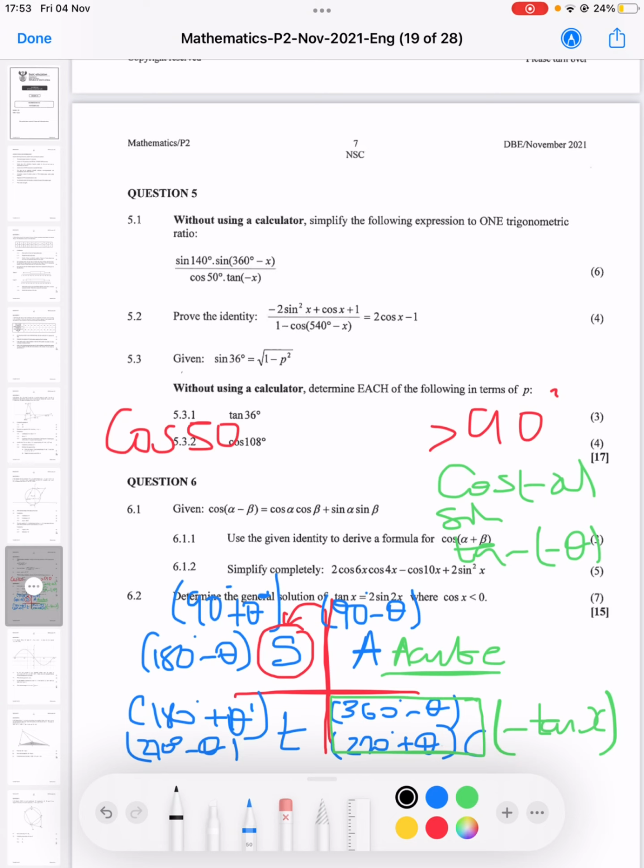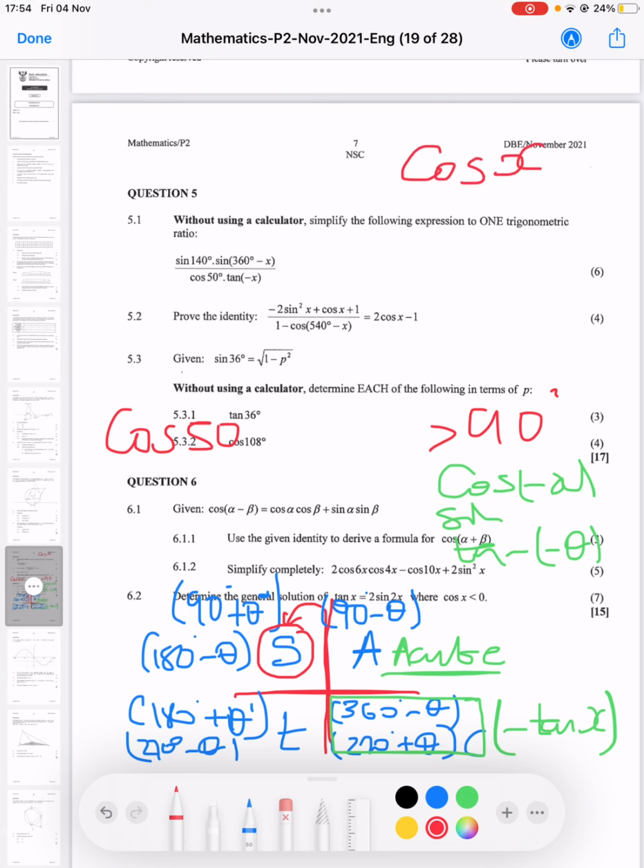So they say prove the identity. You are given all of that. This is what I tell my learners. When it comes to proving identities or simplification, you are most interested in converting everything in your equation into either cos x or sine x, since the angle is x.